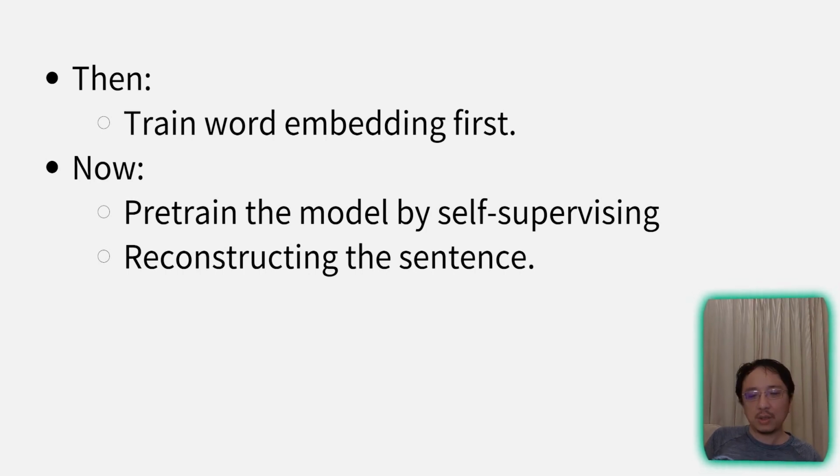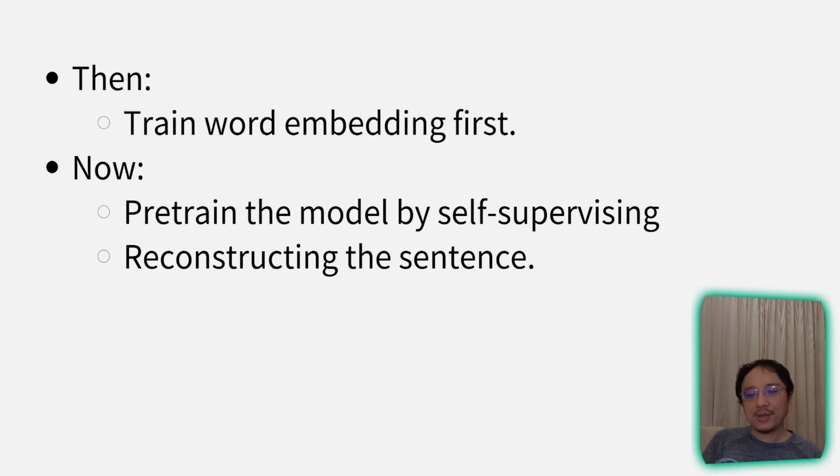So the current mainstream method is to train a big pre-trained model on a huge text dataset, and then fine-tune it for downstream tasks. The pre-training is done in a self-supervised manner.